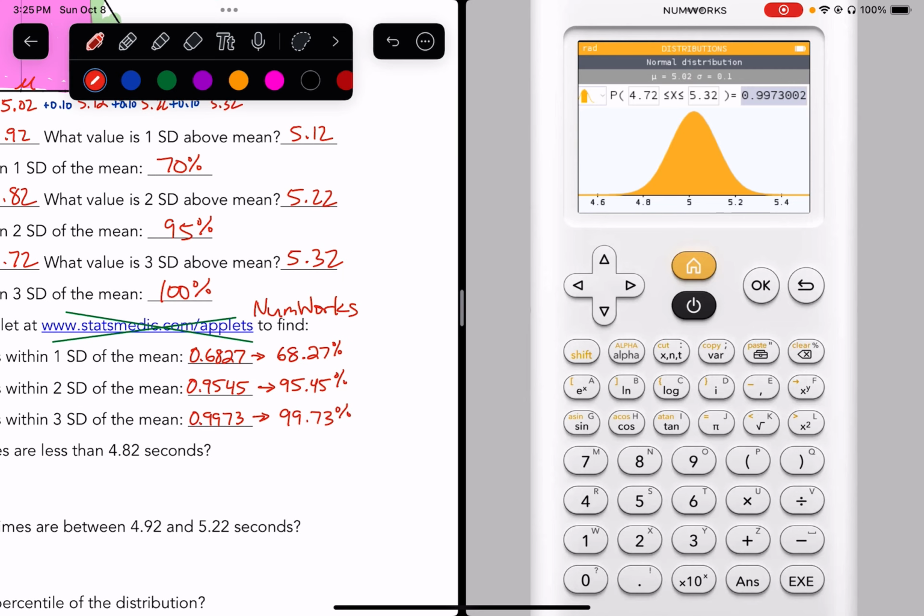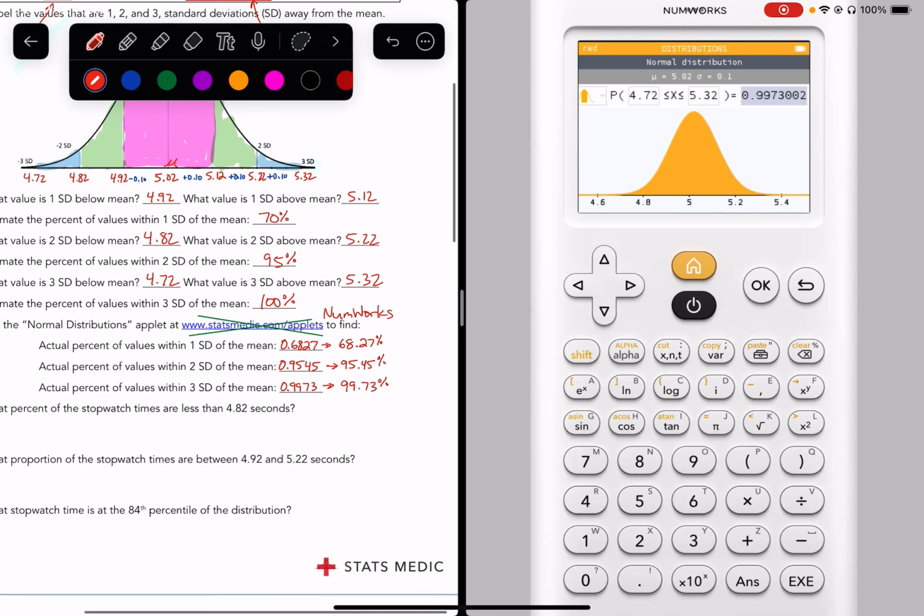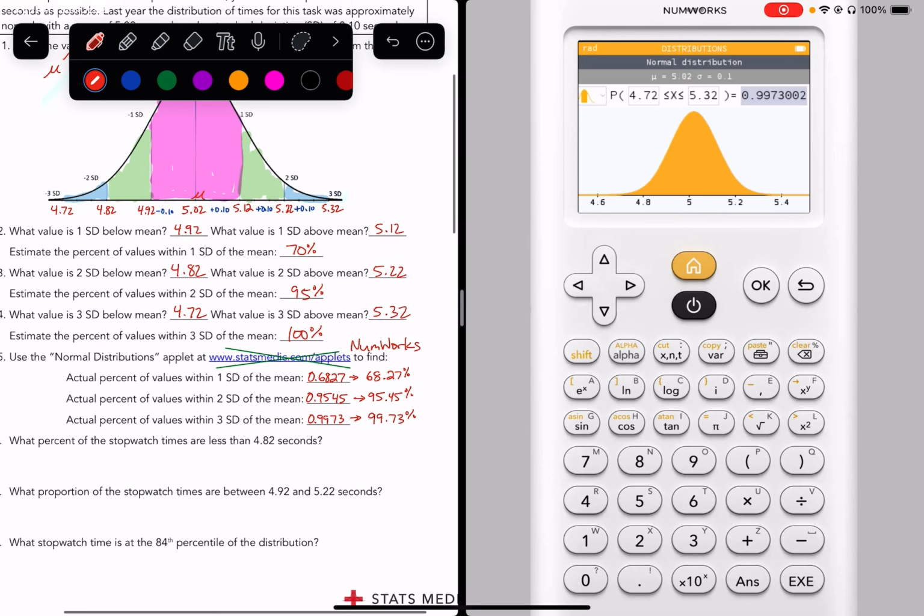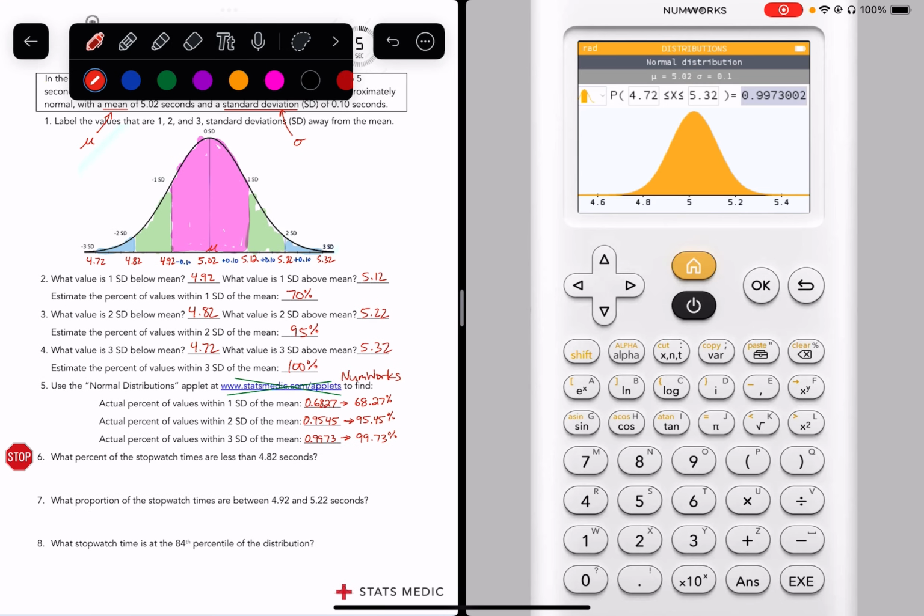And so this right here is kind of a big deal. So what we just did, okay, is we, for a normal distribution, found that there was about 68% in between one standard deviation of the mean. There's 95%, right, roughly 95% within two standard deviations of the mean, and about 99%, almost 100% within three standard deviations.